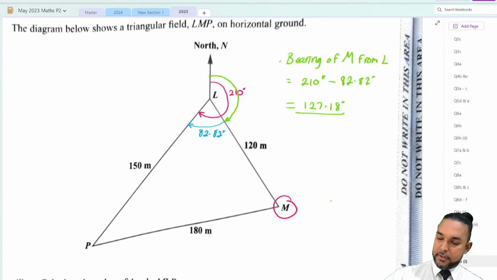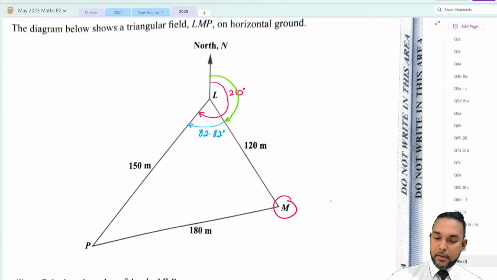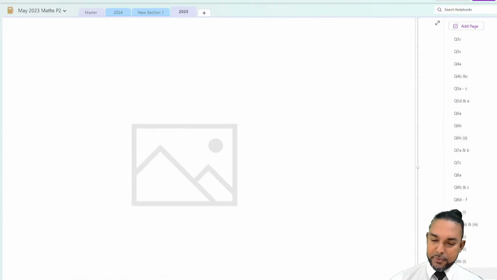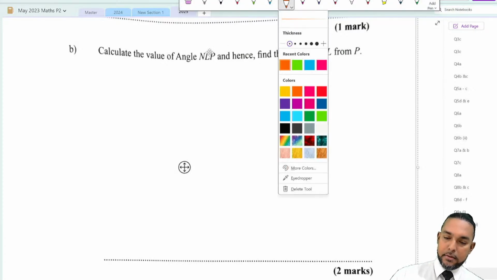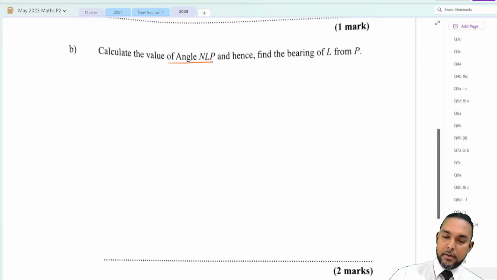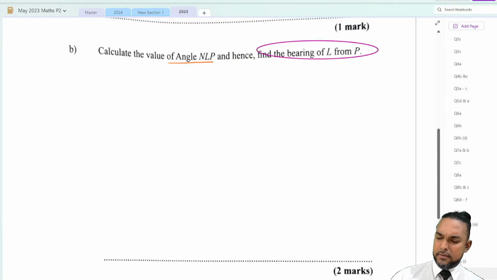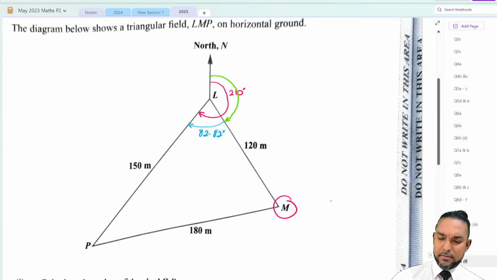All right. So we could take this piece off. So the angle they want, sorry, is what? Is it NLP? Yeah. They want angle NLP, and then hence find the bearing of L from P. Well, don't we have P from L?